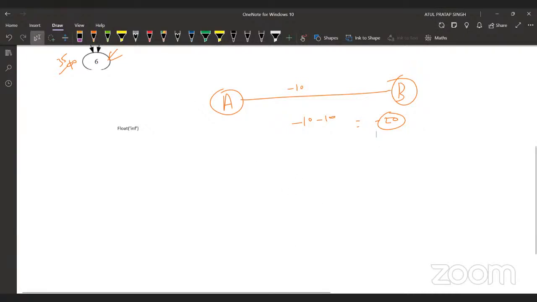But for a directed graph we can apply it. For example, if in a directed graph this edge contains minus 10 weight, it is a negative weight, but we cannot say that it is a negative weight cycle. So we can apply the Bellman-Ford algorithm on this type of graph.